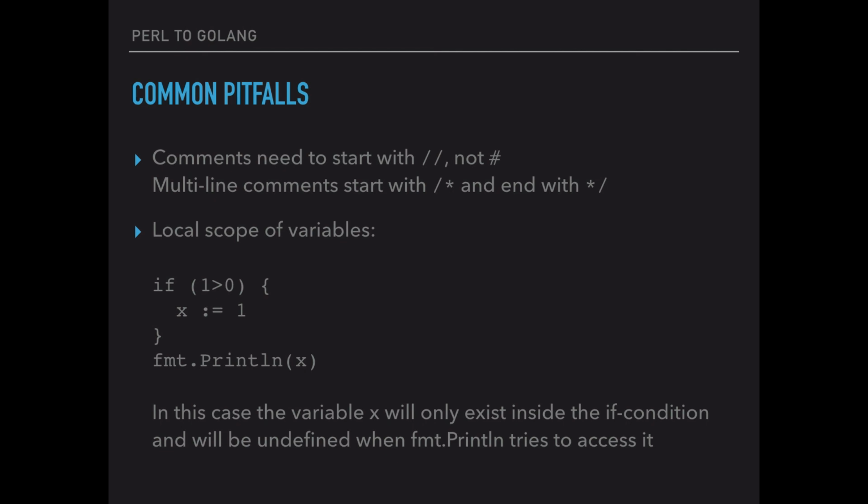In Perl, this would work, but with Go, a variable only lives inside its scope, in this case inside the if clause. If you're using indentation, it becomes easier to track the scope of a variable. It only exists in its indentation level and below. So when you define a variable, consider its scope first and make sure you define it at the appropriate level in your code.